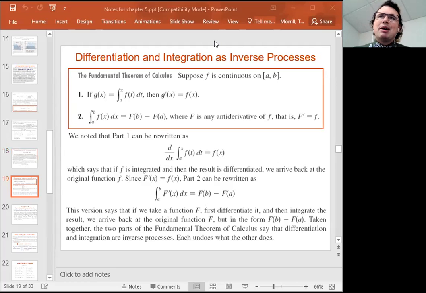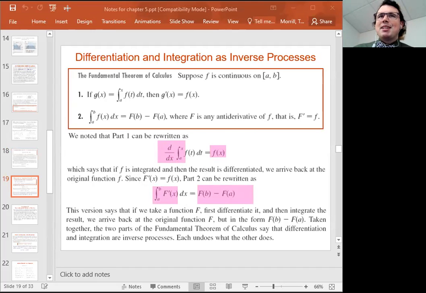Or you might talk about derivatives and antiderivatives. So one way we can think about this, if I take the derivative after integrating, I just get the function that I care about. And for definite integrals, if I integrate a derivative, I can evaluate that by this difference here.